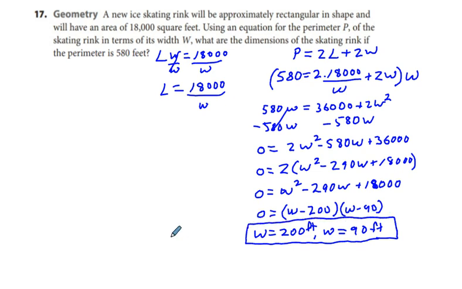These will be our dimensions of the rink: 200 feet by 90 feet.